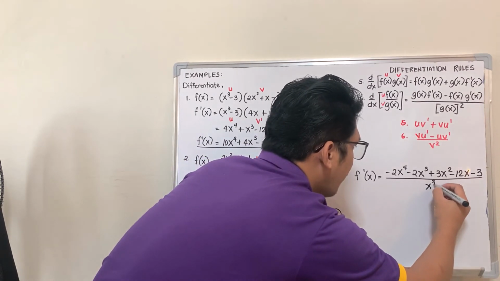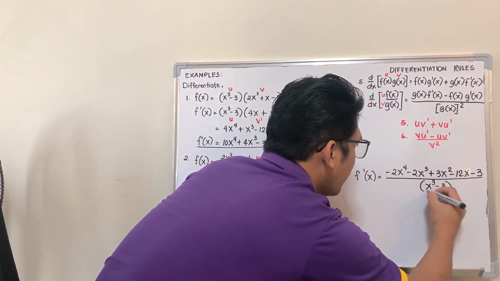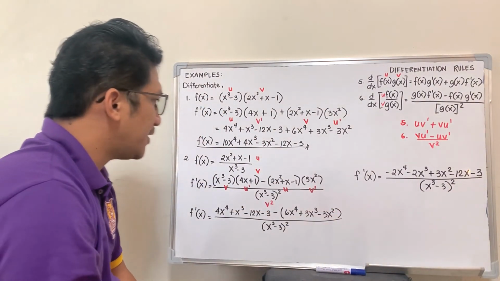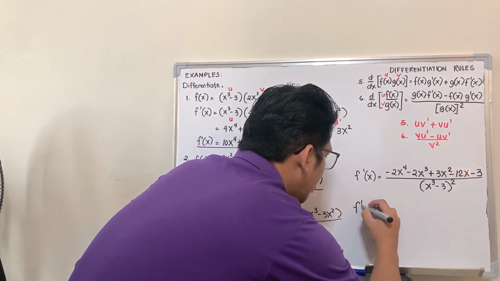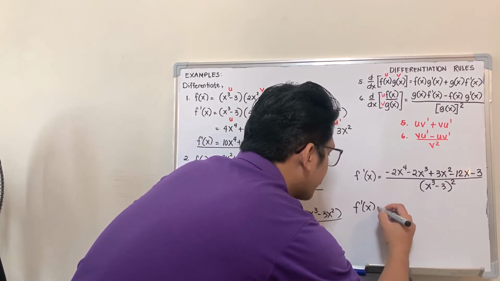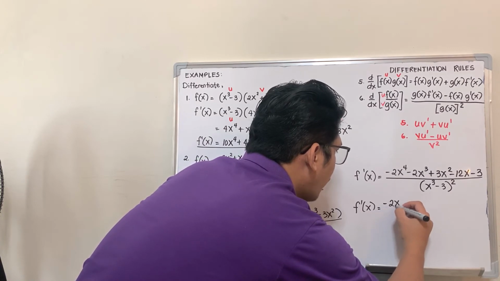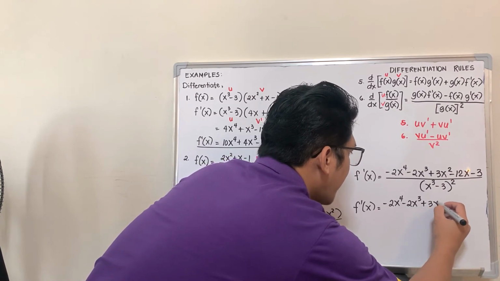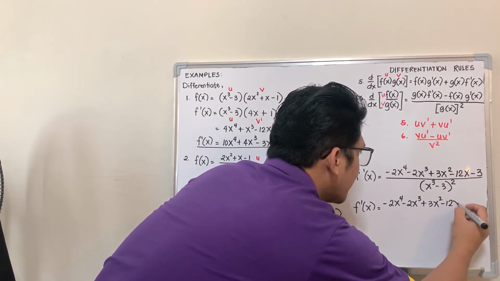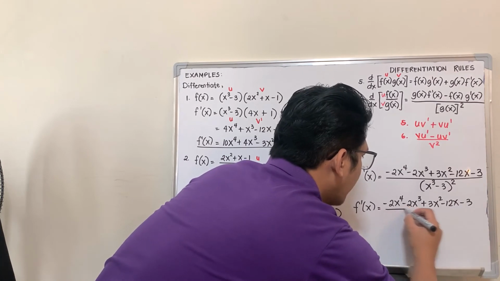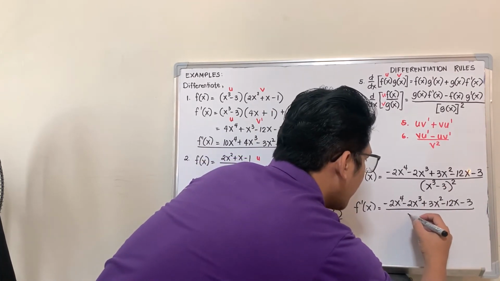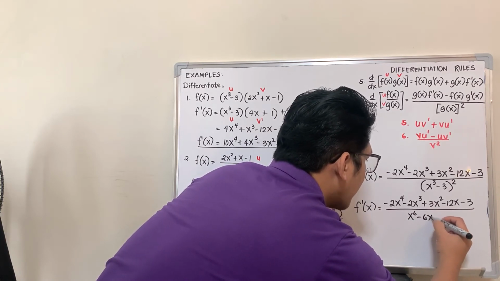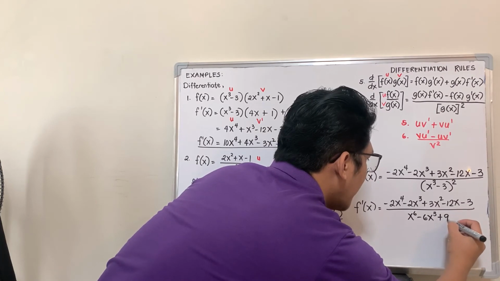Again, in some cases you can expand it. So f prime of x is equal to negative 2x to the 4 minus 2x cubed plus 3x squared minus 12x minus 3, all over, expanded, x raised to 6 minus 6x cubed plus 9.